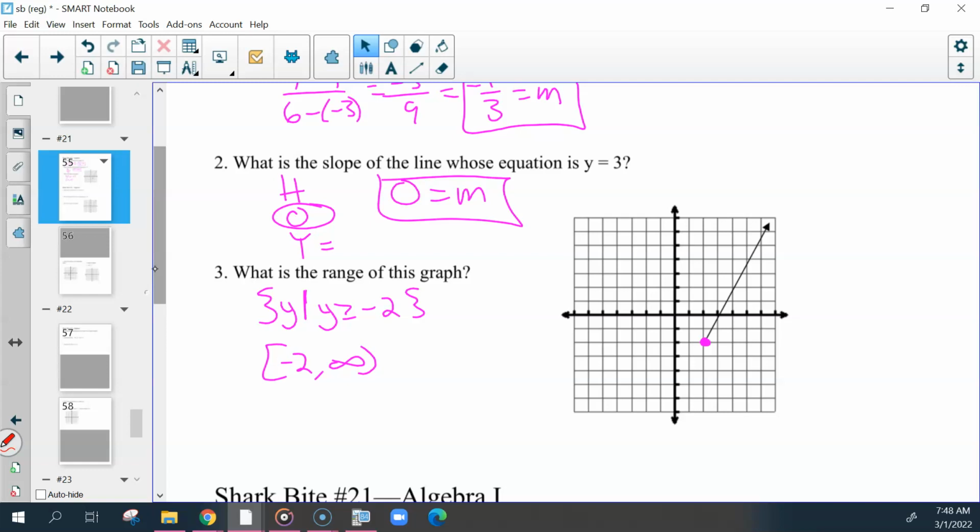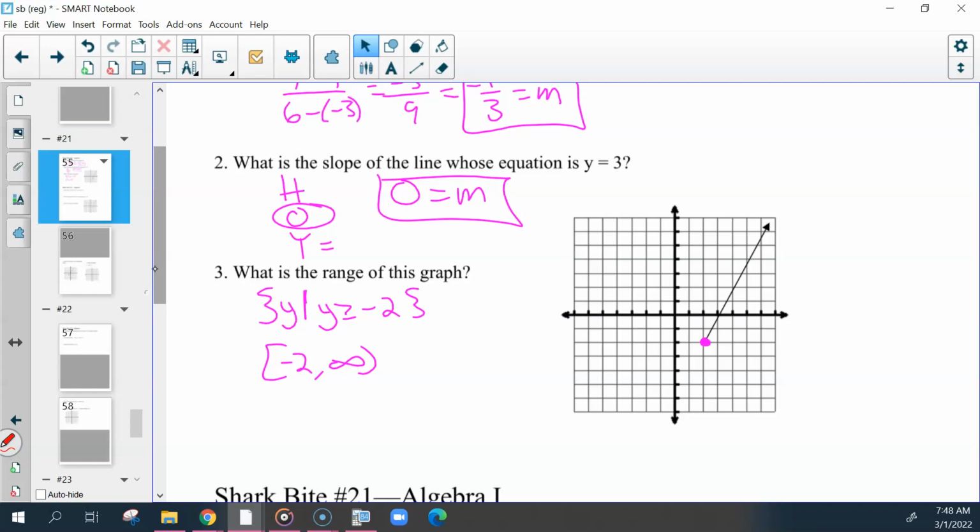Say what? Say that one time. Y equals 0? So this is something we talked about earlier. Anytime you have a horizontal line, it's always going to have a 0 slope. And these things are related to it being y equals.